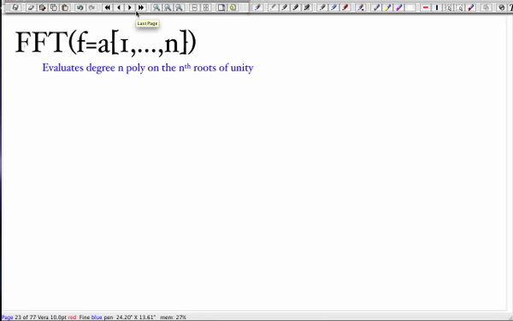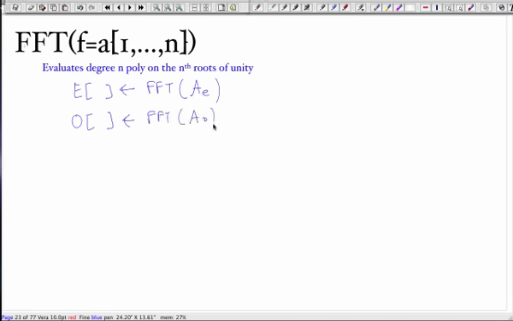Let me write the very high-level pseudocode here. We will compute an array of evens by using the FFT on A even. We will compute the odds by running the FFT on A odd.